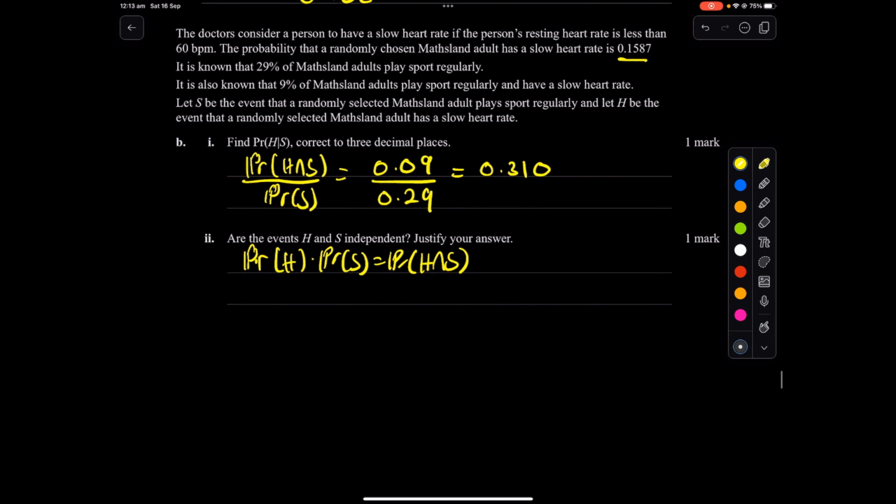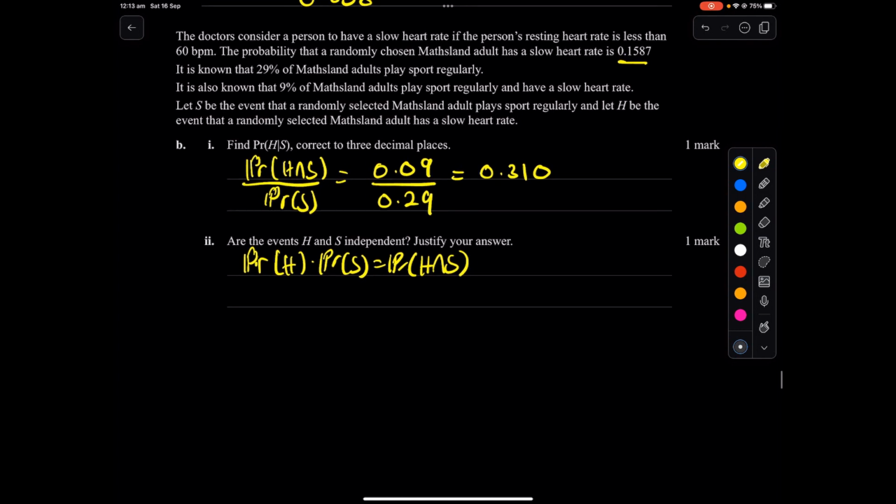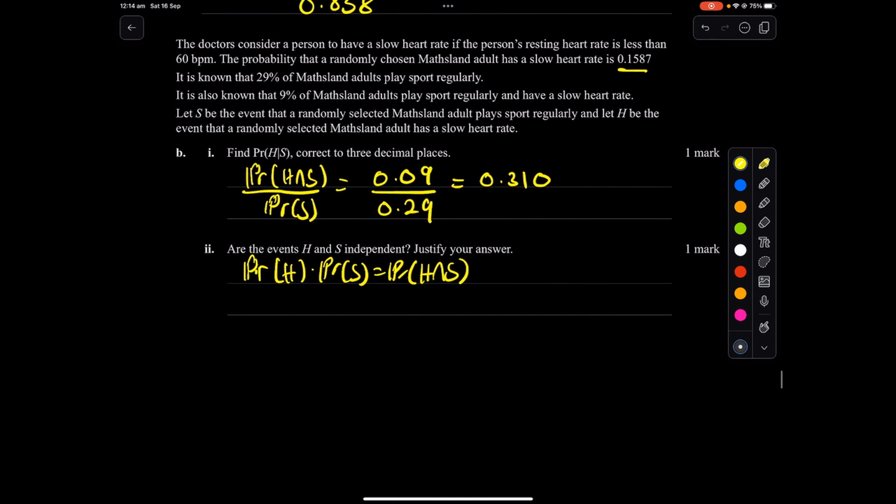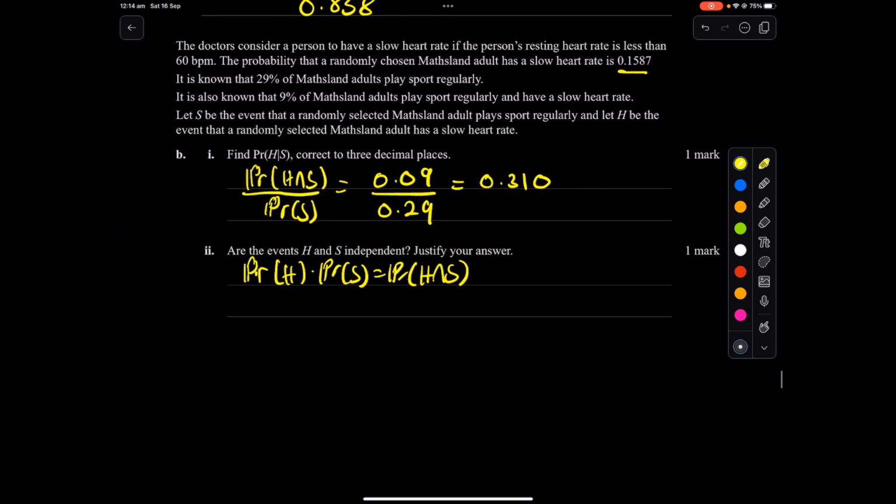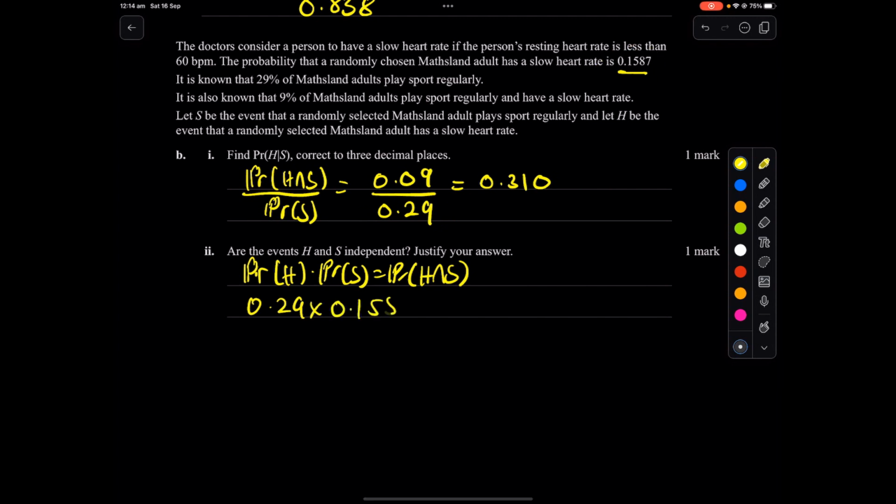Okay, we have the intersection, we have S. We also have the probability that a randomly chosen Mathland adult has a slow heart rate. So we have 0.09. Wait, so the probability of S is what? 0.29. So we can say 0.29 times the probability of H, having a slow heart rate, which is over here, 0.1587. Is it equal to the probability of H intersection S, which is 0.09?